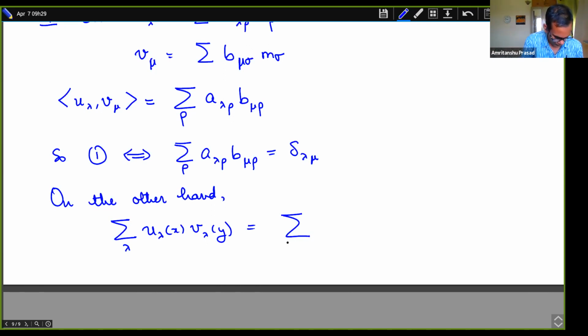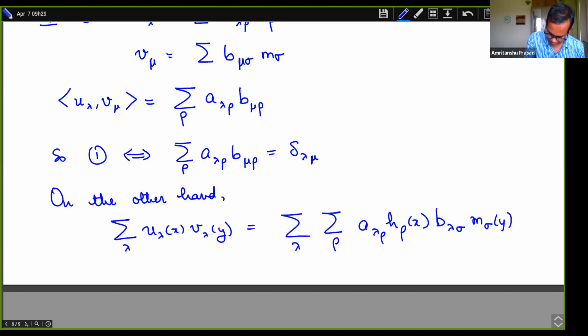This is equal to the sum over lambda, of the sum over rho and sigma, and I need to expand both these things: a lambda rho h rho x times b lambda sigma m sigma y.